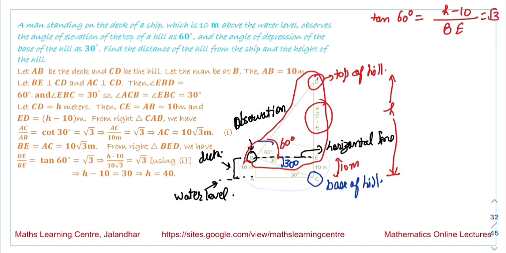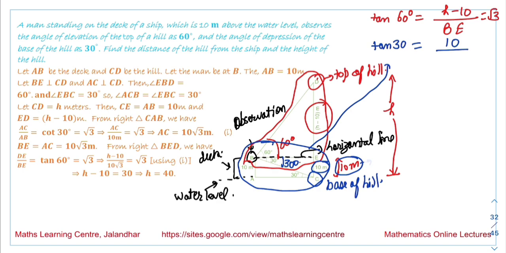If we consider this triangle BEC, we have tan 30 equal to, now the perpendicular is this 10, we are talking about this angle, so this is the perpendicular and this is the base. The base value is BE, and this value is equal to 1 by root 3.